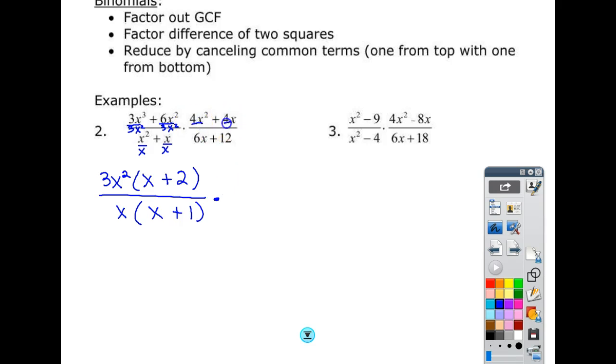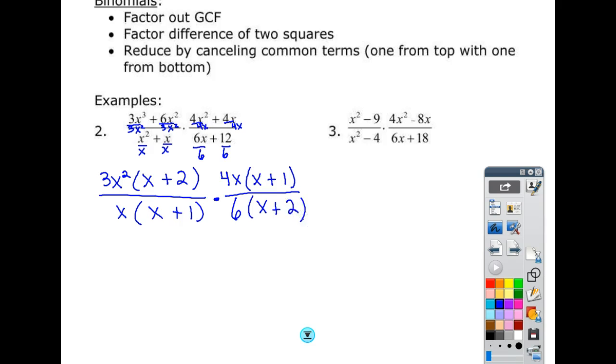Okay, 4x squared and 4x, what will they both divide by? A 4 and an x, right, I almost forgot my x. And then when we do that, we get x plus 1. Okay, good. And 6x and 12 will both divide by a 6, and we get x plus 2.